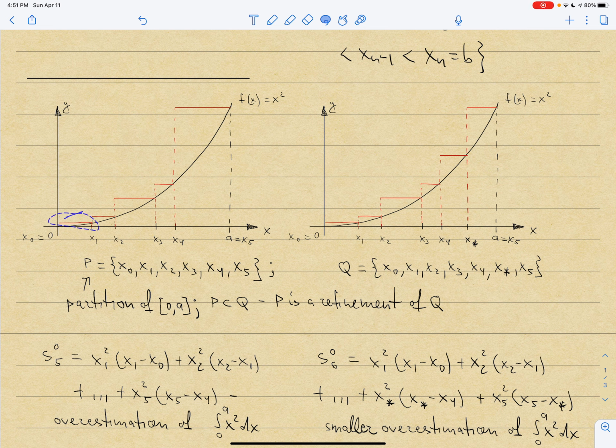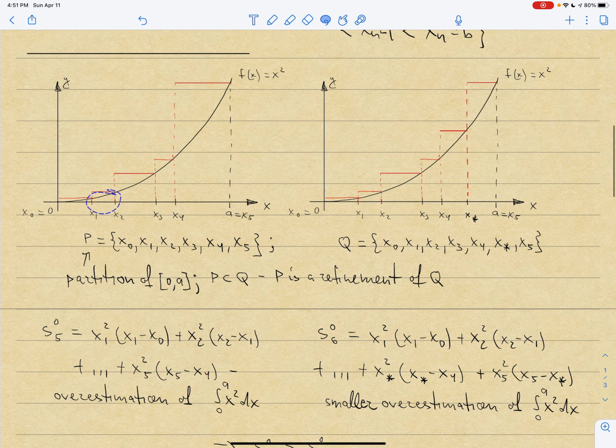Likewise, on the interval from x1 to x2, x2 squared is going to be the largest height, etc. And so then if I add up all the areas of the rectangles in this left example, I'm going to end up with an expression like this, right? x1 squared is the height of the first rectangle, x2 squared is the height of the second rectangle, x1 minus x0 is the base of the first rectangle, x2 minus x1 is the base of the second rectangle, and so on.